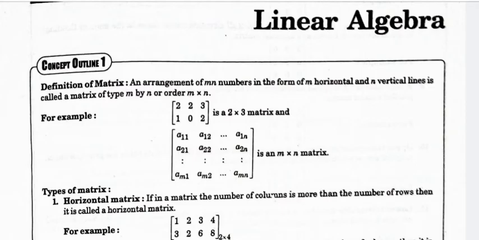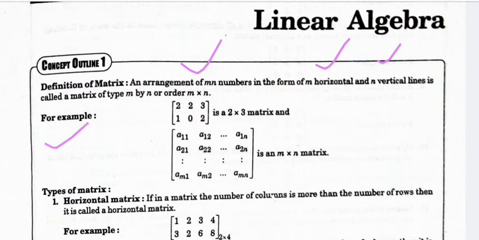The definition of a matrix is an arrangement of m into n numbers in the form of m horizontal and n vertical lines, called a matrix of type m into n and order m into n.